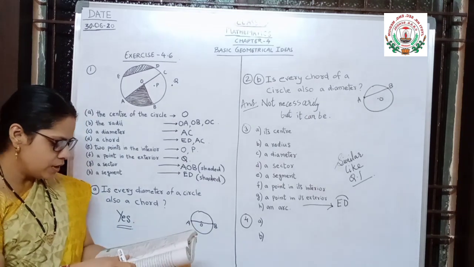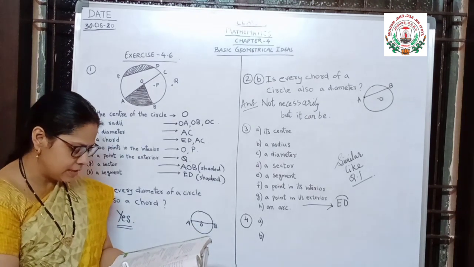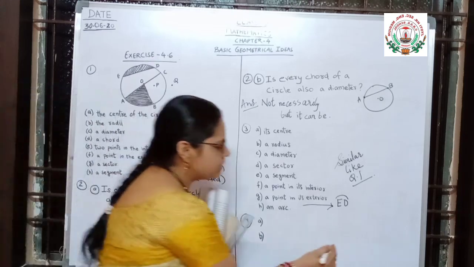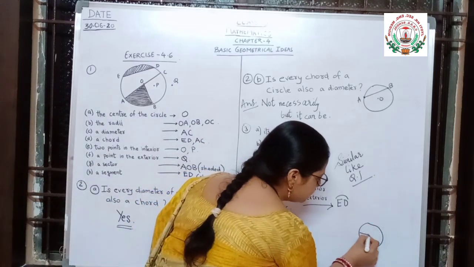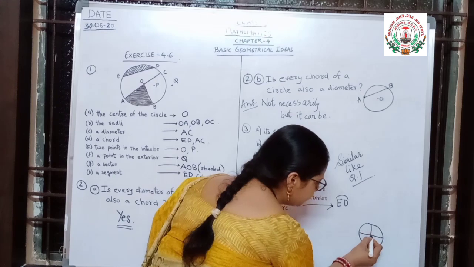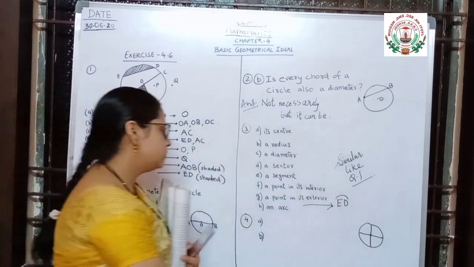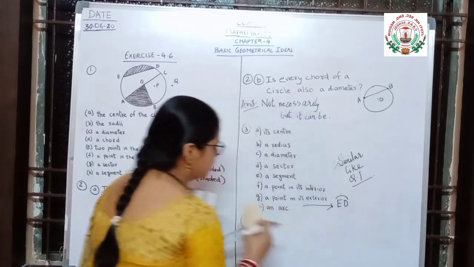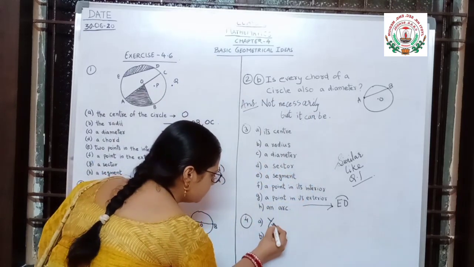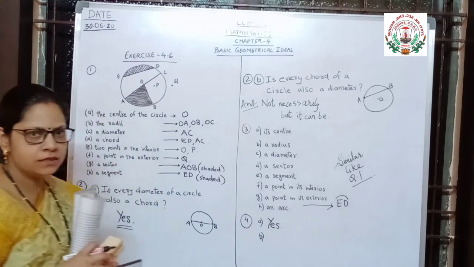First is, 2 diameters of a circle will necessarily intersect. Let us check it. One circle, this is one diameter, this is another diameter. Will they intersect? Yes, they are intersecting. So, the first answer will be yes.